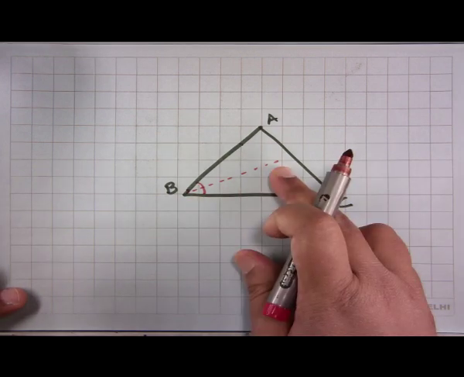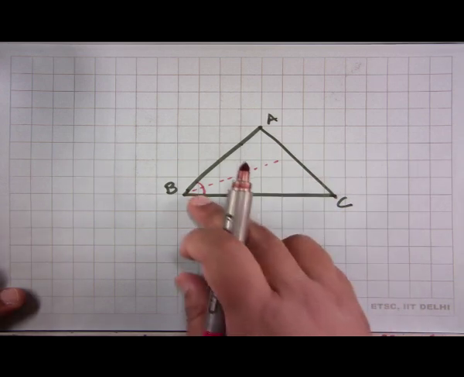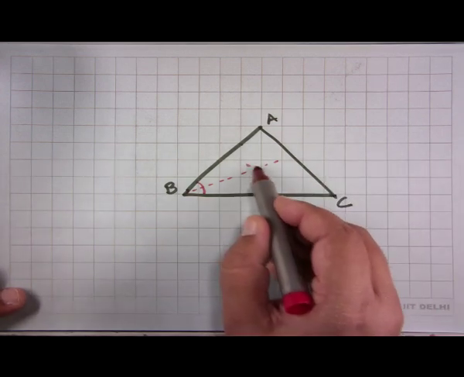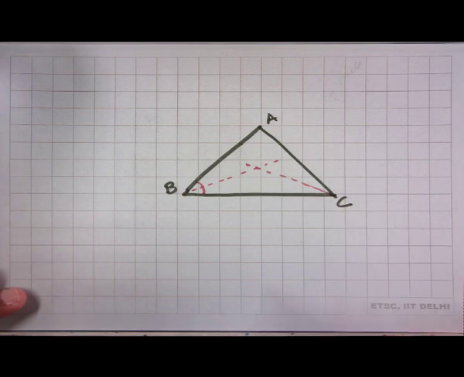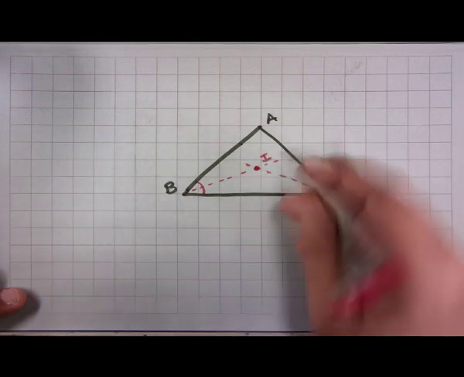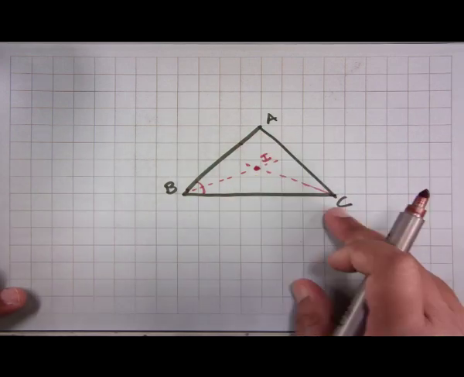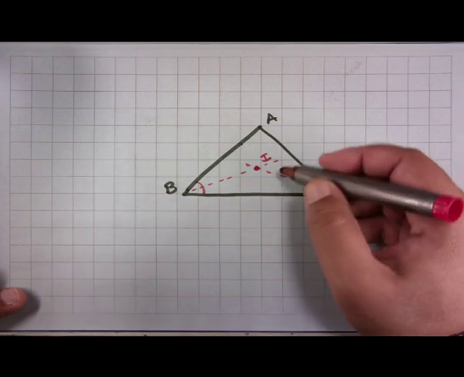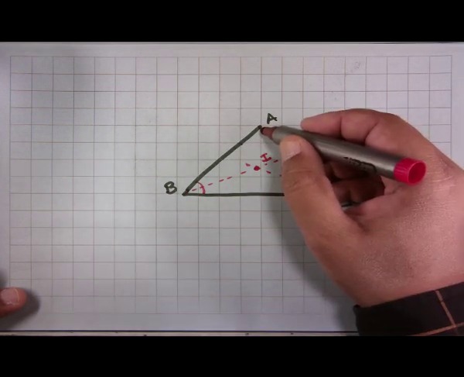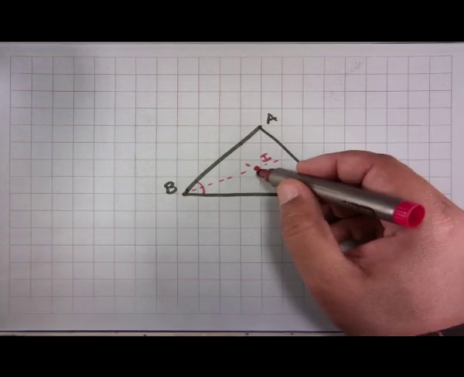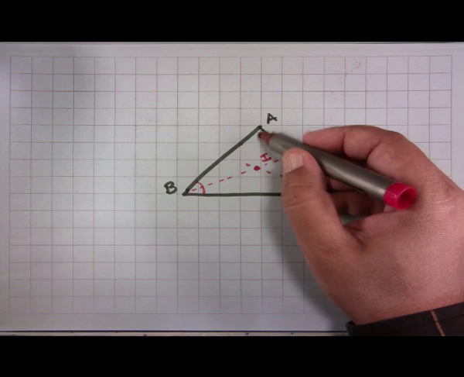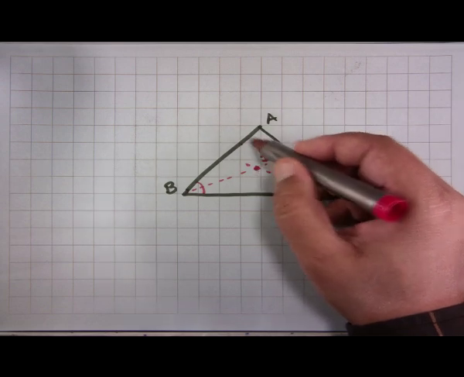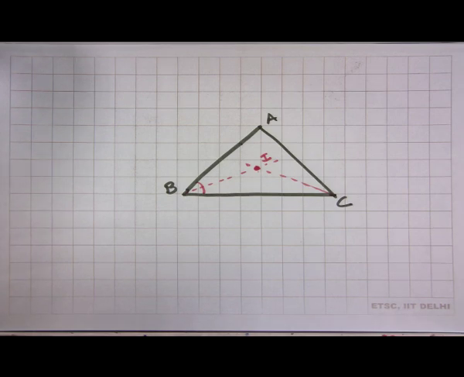So this is the angular bisector of the angle B, and let's say that this is the angular bisector of the angle C. So these two angular bisectors will be meeting at a common point I, which is called the in-center of the triangle ABC. We had also shown that if we connect this vertex A to the in-center I, then even this line AI will turn out to be an angular bisector of the angle A. So that we had proven in one of the earlier lectures.